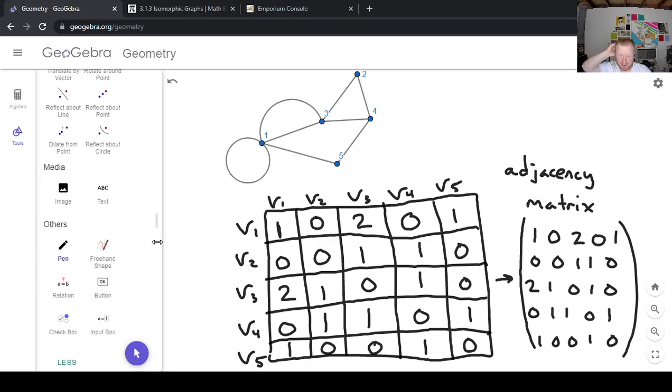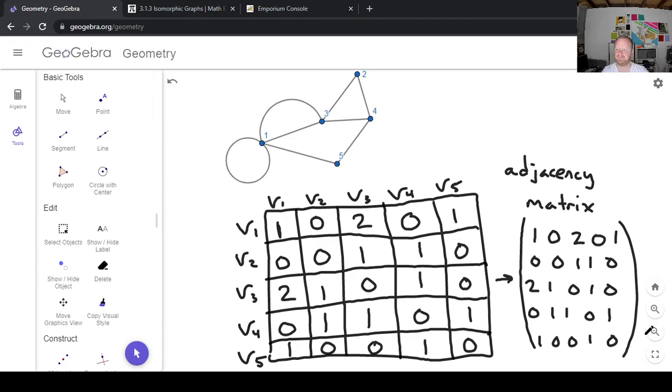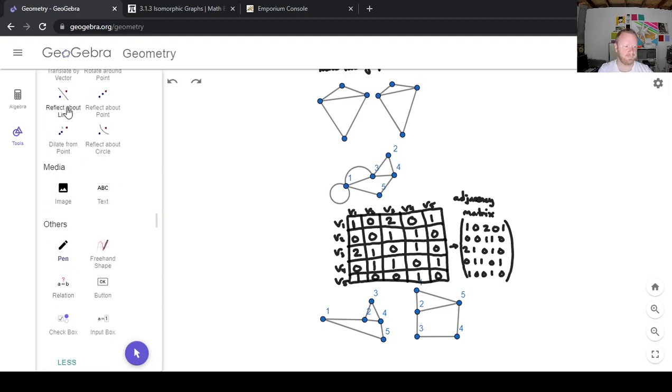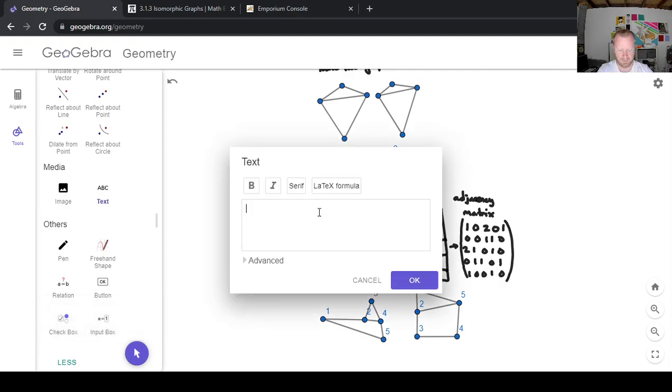Once we've made an adjacency matrix, our definition that we can use to figure out if something is an isomorphic graph or not is: graphs that we can draw such that they have the same adjacency matrix are isomorphic.